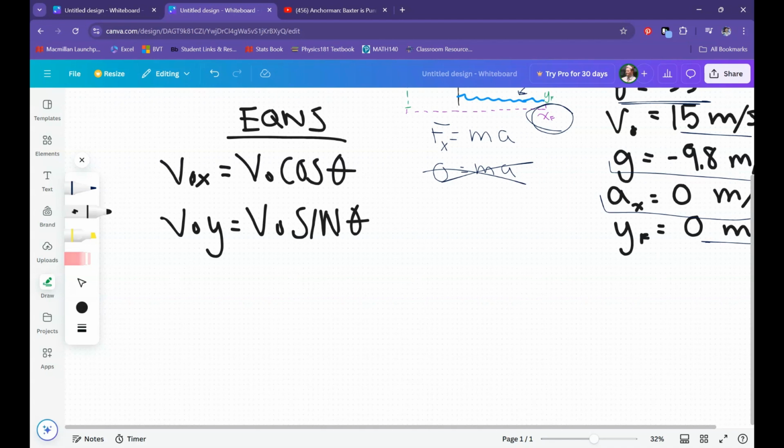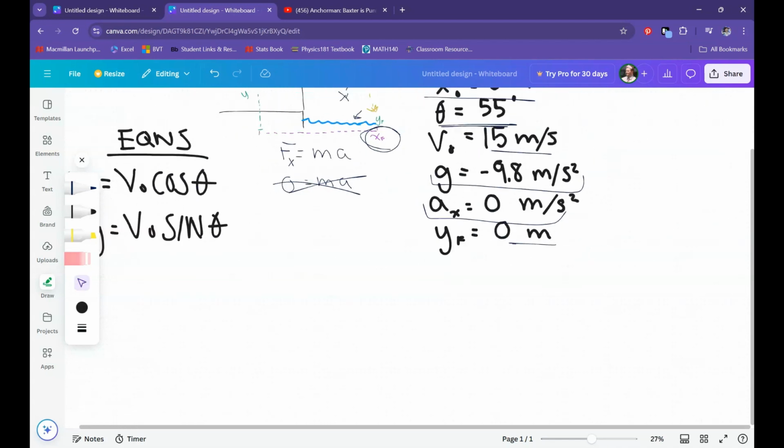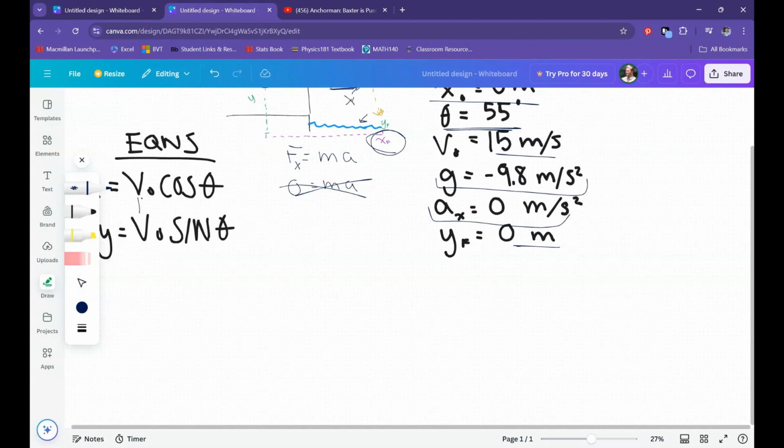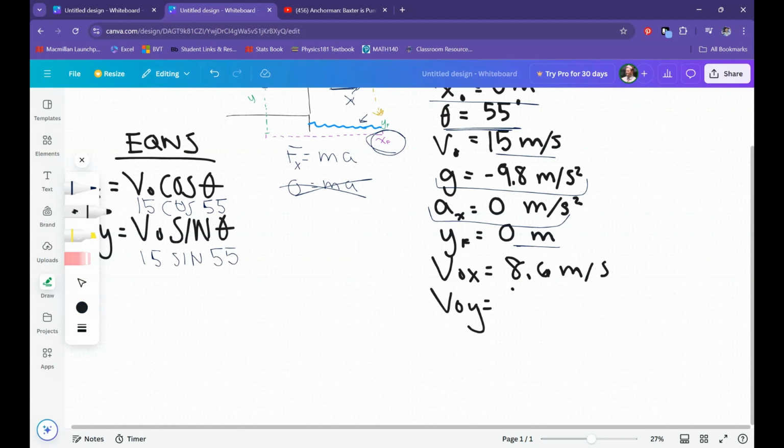So from here we can add these to our tables of known values, because we plug in our 15 for our v naught and cosine of 55 here, which in this case I got v naught x equals 8.6 meters per second, and then our v naught y is 15 sine of 55, and for that I got v naught y equals about 12.3 meters per second.